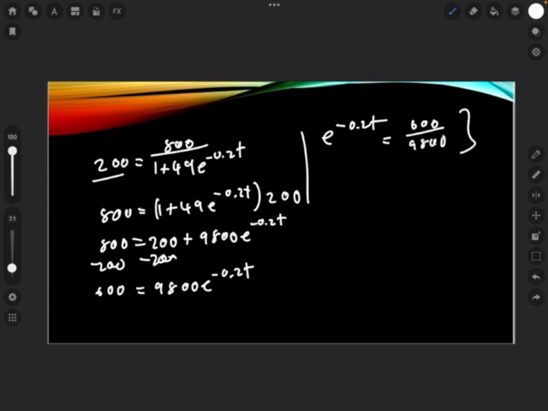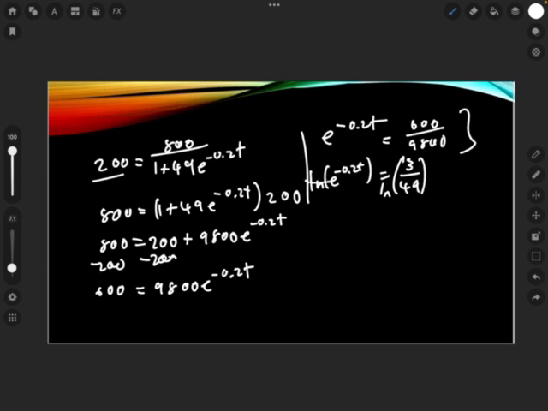And if we simplify this, it becomes 3 over 49. Now we still have to get rid of e here, Euler's number, from the equation. So we take the natural log of both sides.